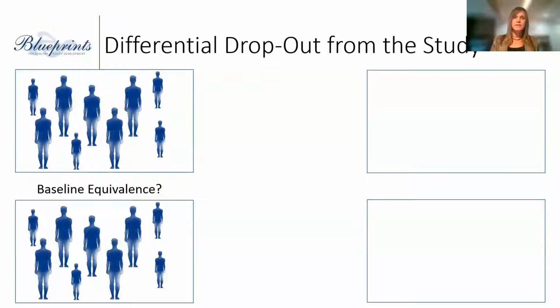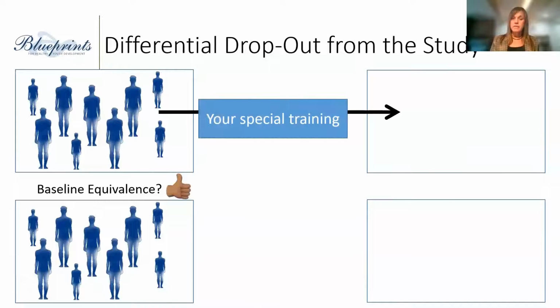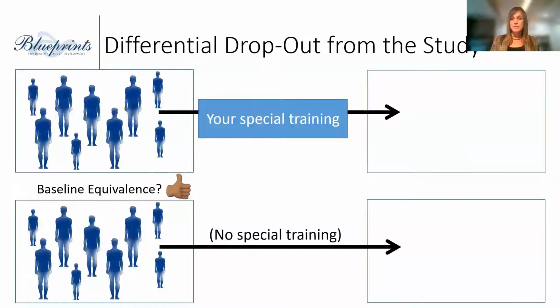Let's assume we're conducting a study and we have two groups, a treatment group and a control group, and we've established baseline equivalence. These groups are the same at the beginning of the program. But then over time, one group gets the special training, one group doesn't, and our test is basketball performance.